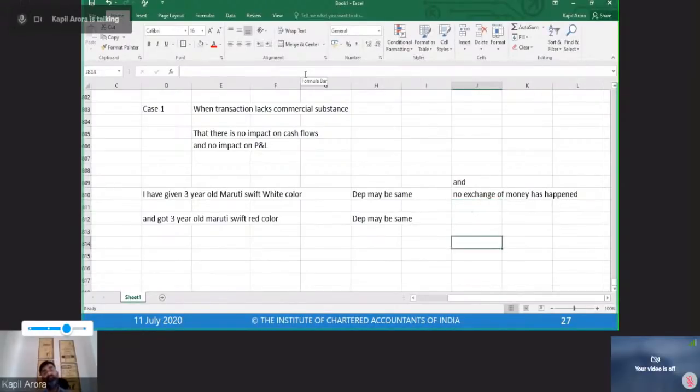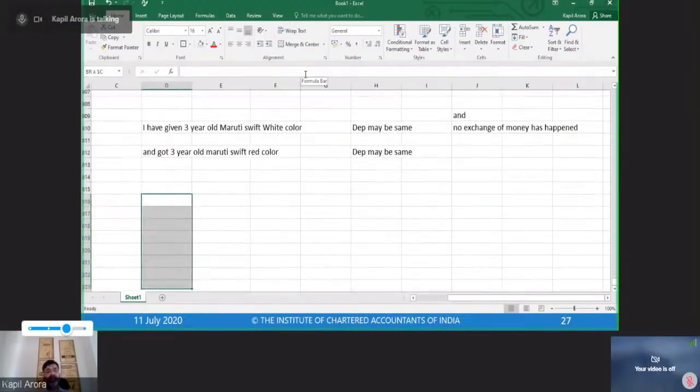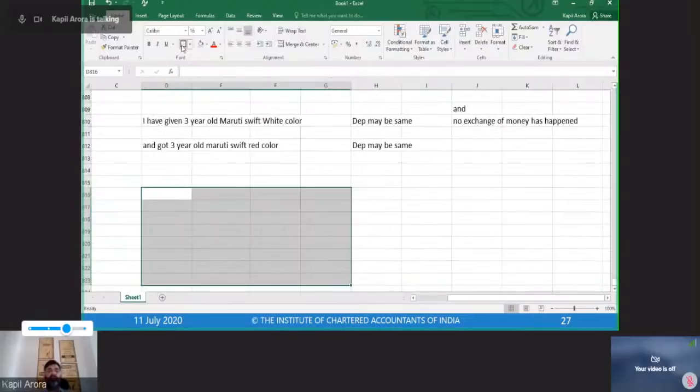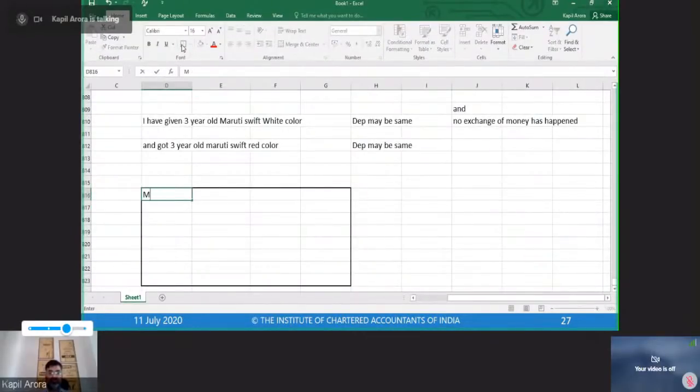Now, whenever this case comes, let's assume the old car, the Maruti white car, in my books was, right, car old, was in my books at 2 lakh rupees. So Sanjay, okay, I'll just come back to this because you are asking the relevant question, right? So let's understand this. Old car value is 2 lakh, let's assume.